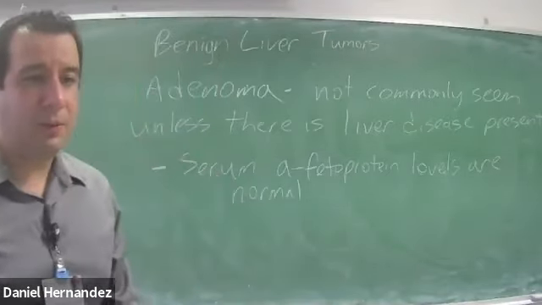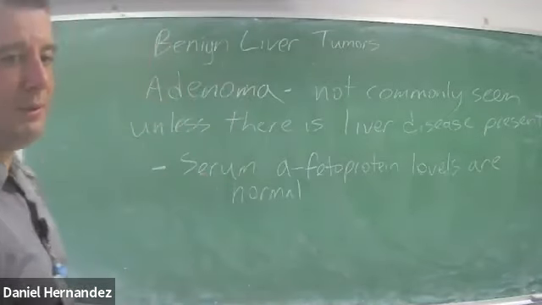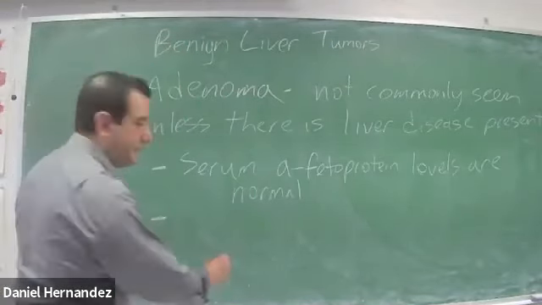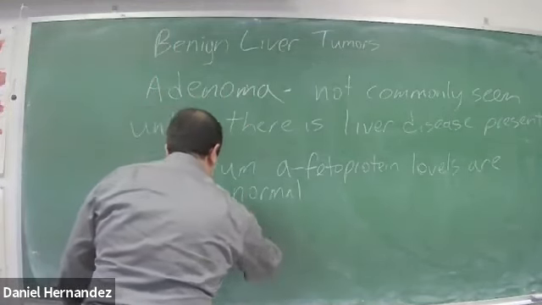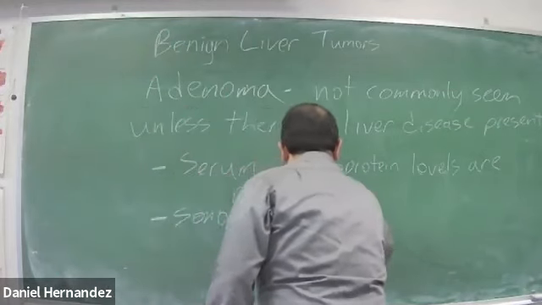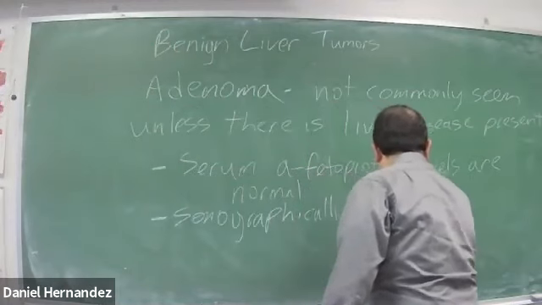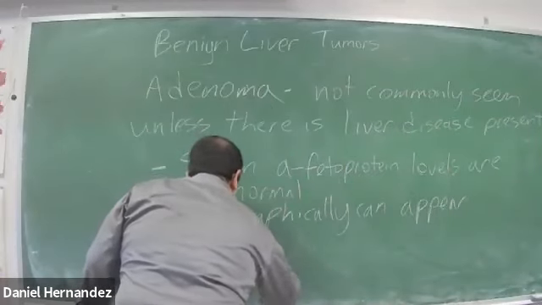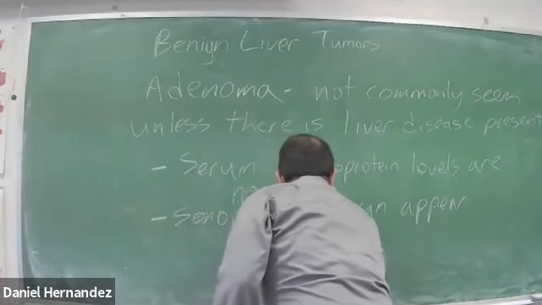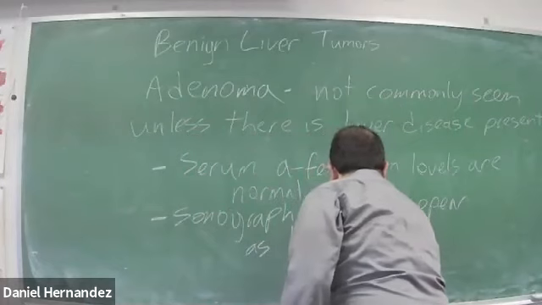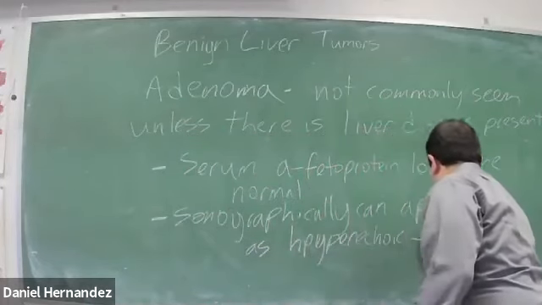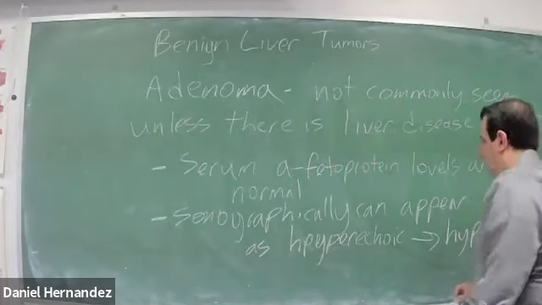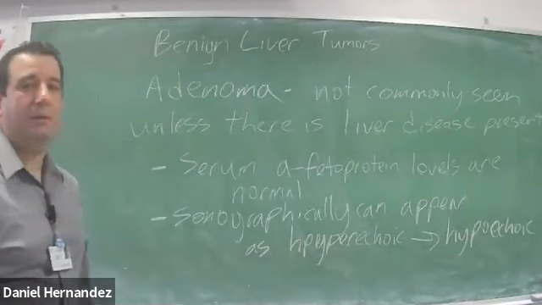Sonographic appearance can range from hyperechoic to hypoechoic, and is non-specific. That means it could be hyperechoic, isoechoic, or hypoechoic.